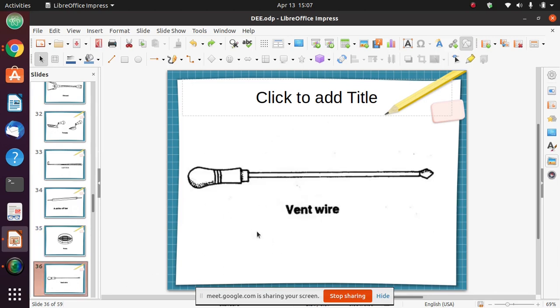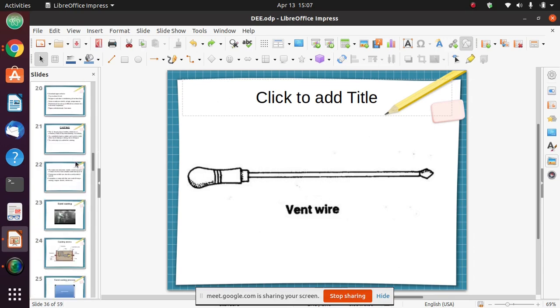We have a vent wire. This is a very important step in casting. Once you are done with your mold making, umeshamaliza, ushatengeneza mchanga vizuri, imekuwa tight vizuri, you make holes in this mold.